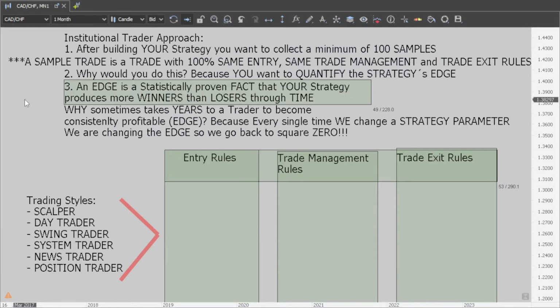Everybody, what makes the money is the strategy, not you, the trader. If you've been thinking, oh, I am making the money, I'm sorry to tell you, what makes the money is the edge of your strategy.